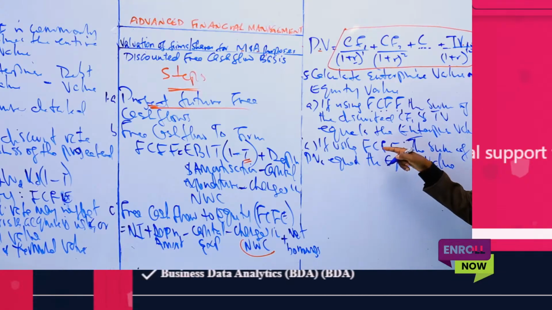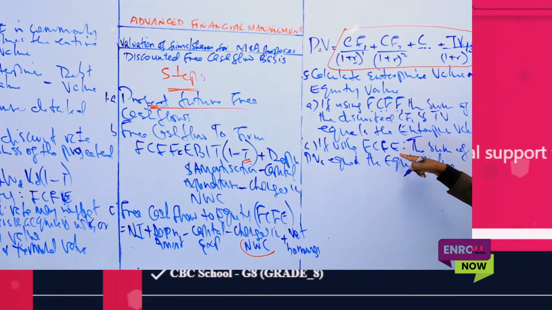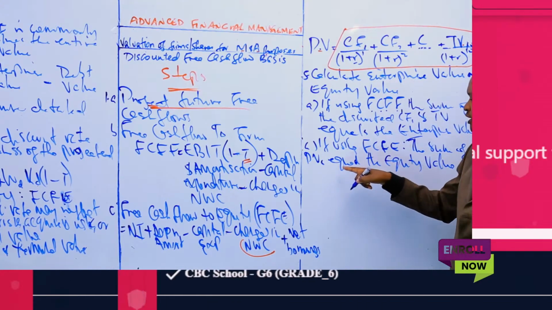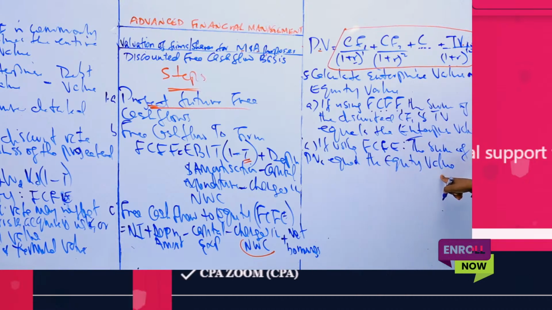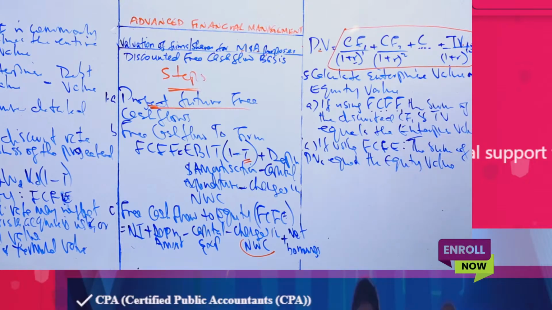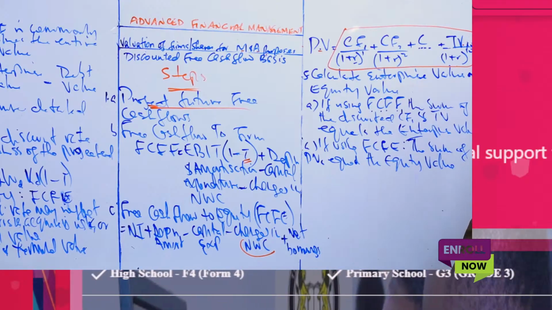If using free cash flows to equity, the sum of the present values equals the equity value. You understand? Yes, that is very important.